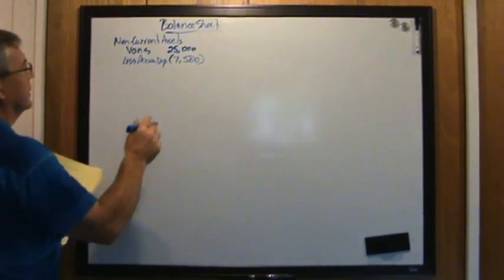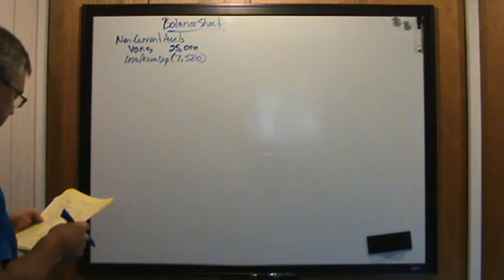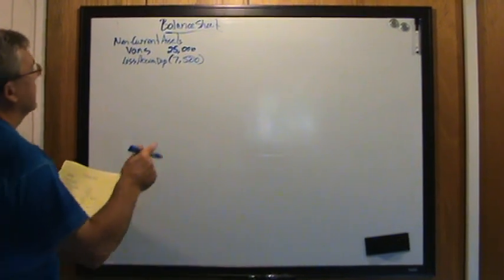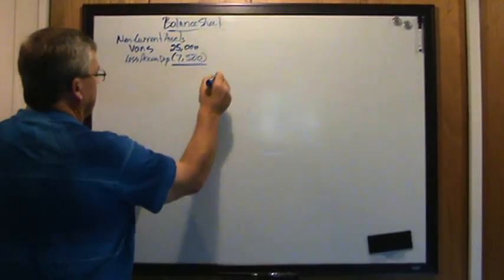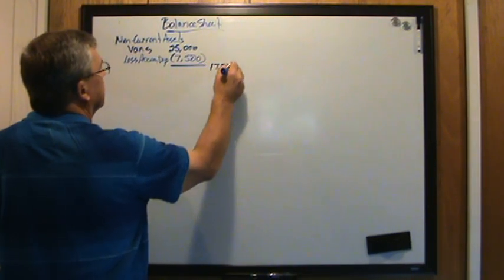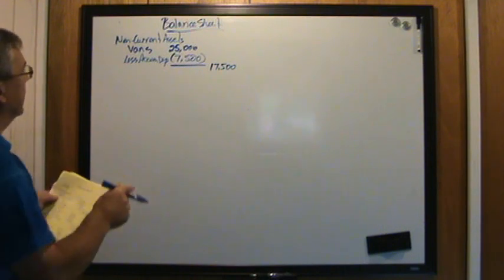Okay, let's put the net amount here is $17,500. All right, current assets.